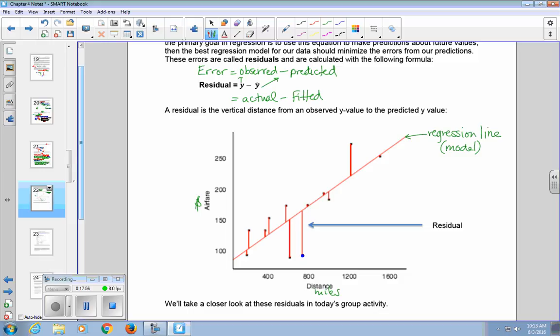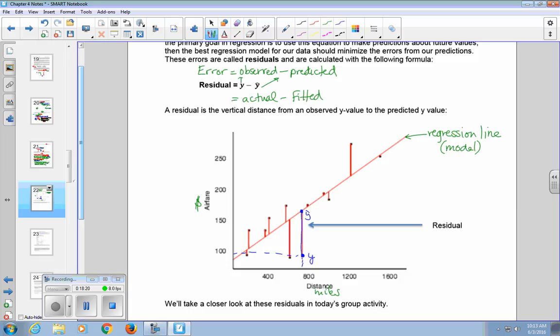This is the actual airfare for a distance that's around 800 miles away. So this is a y value. Here, if we go straight up, we get what's called the fitted value, or your predicted value, or in this case, your predicted airfare. So that vertical distance between them, this distance right here, is your error or your residual.